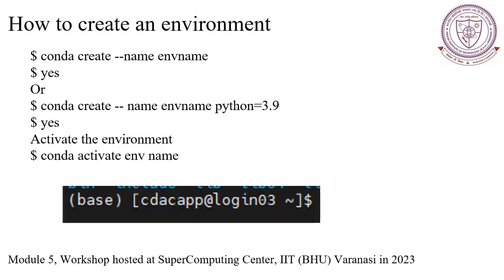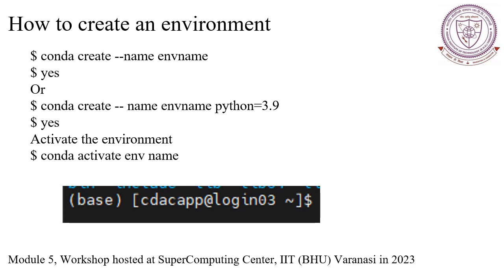Now we will see how to create an environment using Miniconda. To create a new Conda environment, you can use the command conda create --name environment_name. You have to replace the environment name with the name of the environment that you want to create.